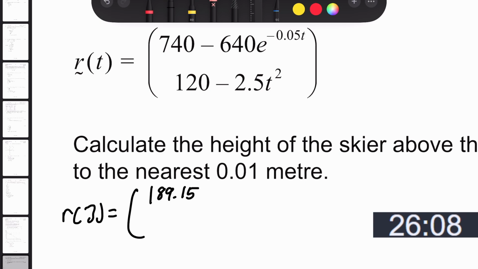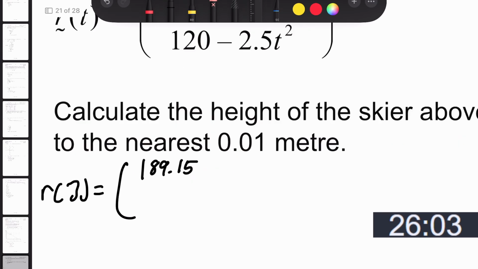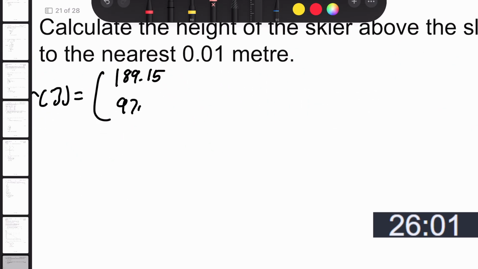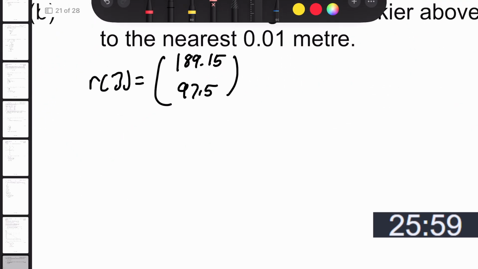And then 120 minus 2.5 times 3 squared is 97.5.